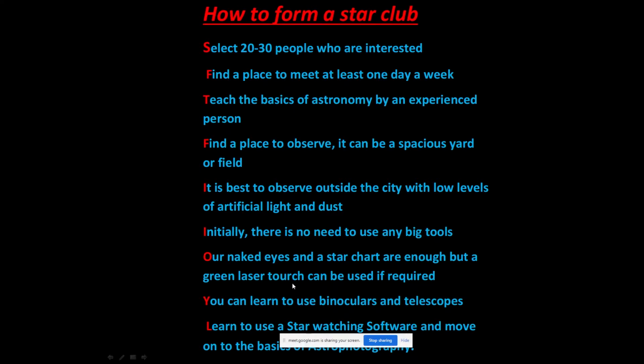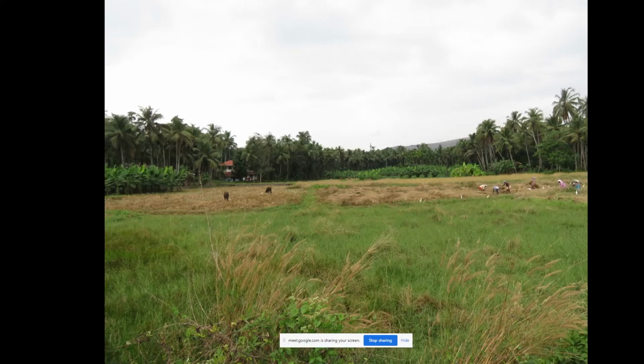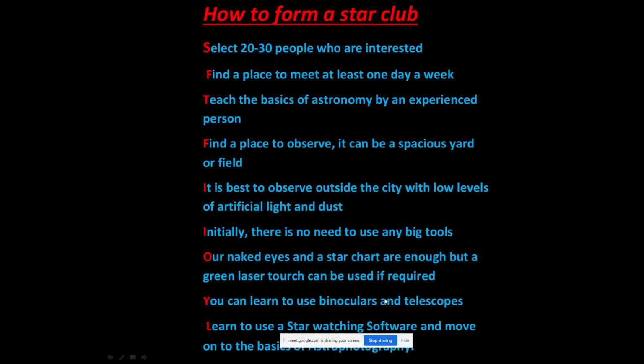Later, you can learn to use binoculars and telescopes. How to use a binocular, how to buy a binocular, what is the importance of a binocular, and telescopes. Finally, you can learn to use star watching software and move to the basics of astrophotography. Then you can move to sky watching software.